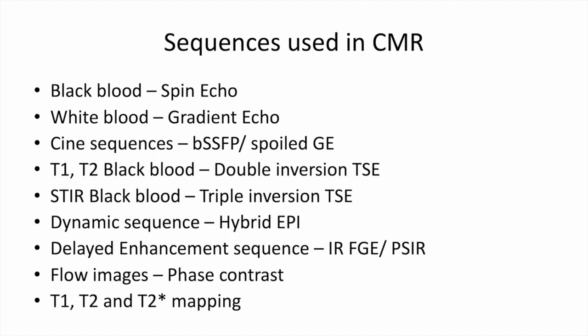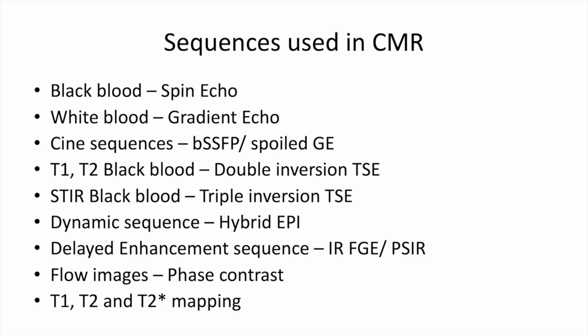The ECG-triggered T1 and T2 black blood images are obtained by a double inversion turbo spin echo sequence, while the STIR images use a triple inversion recovery turbo spin echo sequence. The dynamic perfusion sequence used for perfusion imaging uses a hybrid EPI technique most of the times.